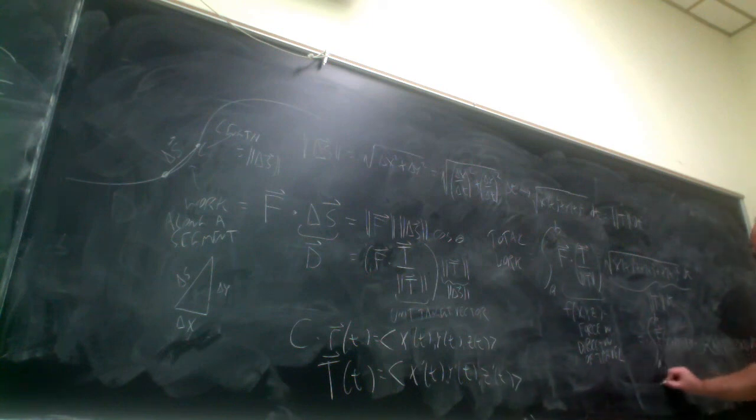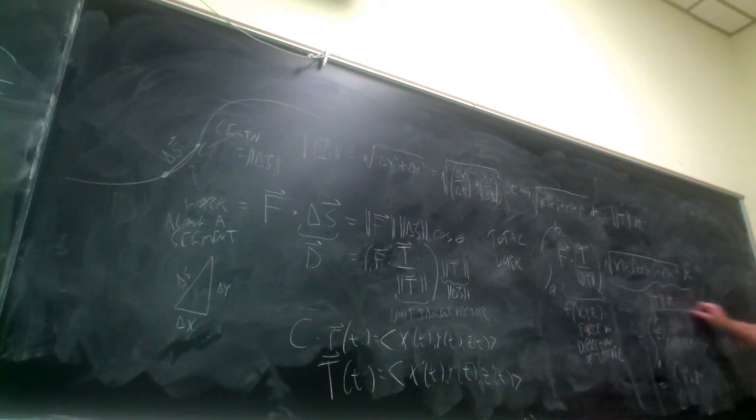This is the line integral over a curve, and it's abbreviated this way, F dot dr, where r gets a vector symbol. So this is how you compute the line integral of a vector field.